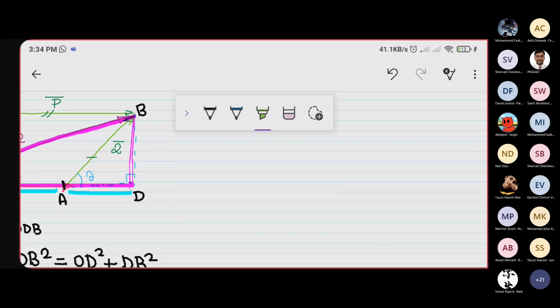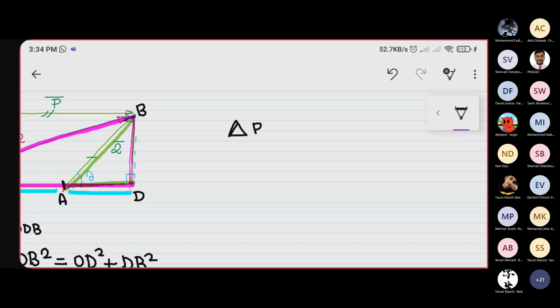Just consider this triangle ABD like this. This is AD, B. This angle is theta.